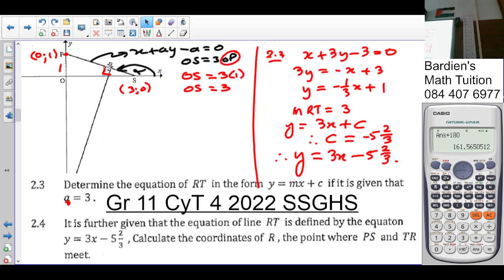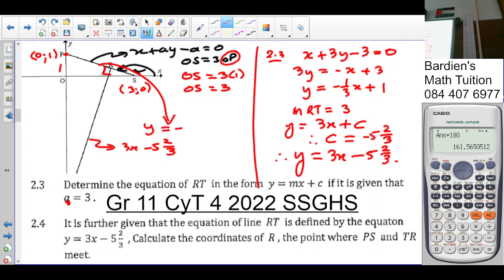The point of intersection. So here we got 3x minus 5 and 2/3, and the equation of this line here, of course, is y is equal to negative a third x plus 1. Otherwise, I could have used the opening equation there in 2.3. So let's go with that.